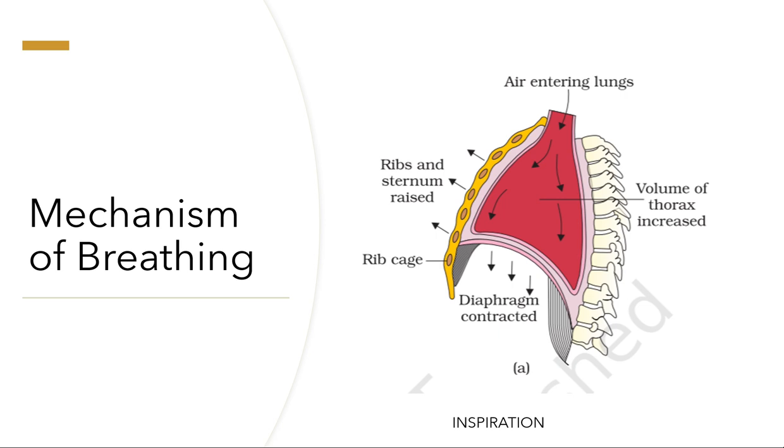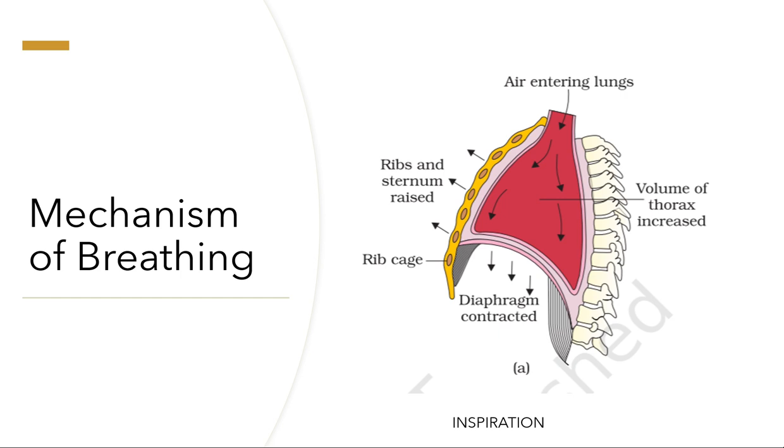Now, how does the movement of fresh air into the lungs take place? Overall, the volume of the thoracic cavity increases, and as a result, there is a decrease in the air pressure in the lungs. The greater pressure outside the body now causes the air to flow rapidly into the external nares, meaning nostrils, and through the nasal cavities.